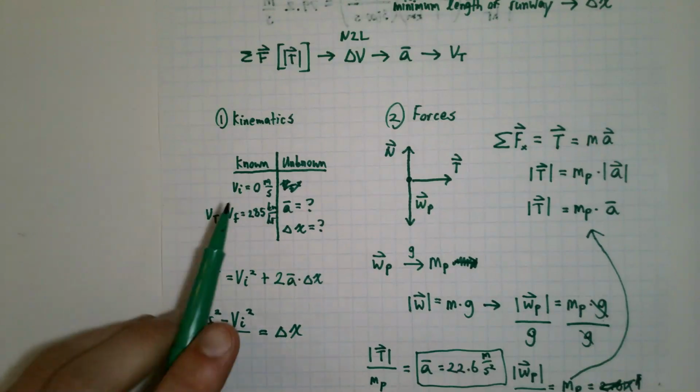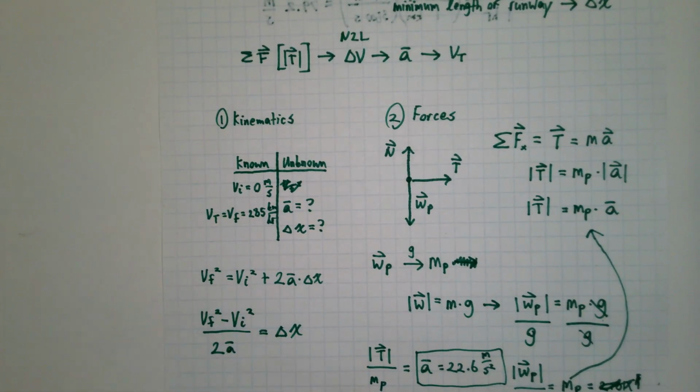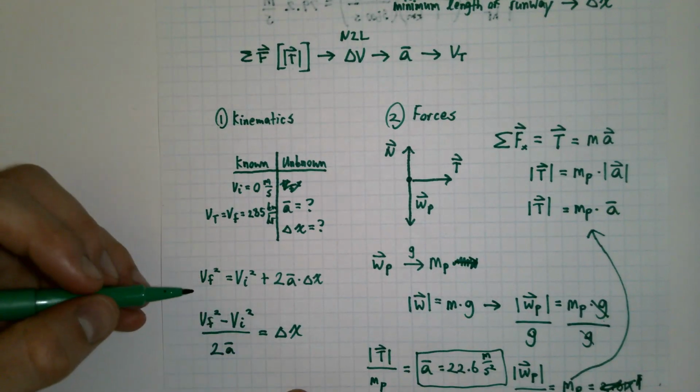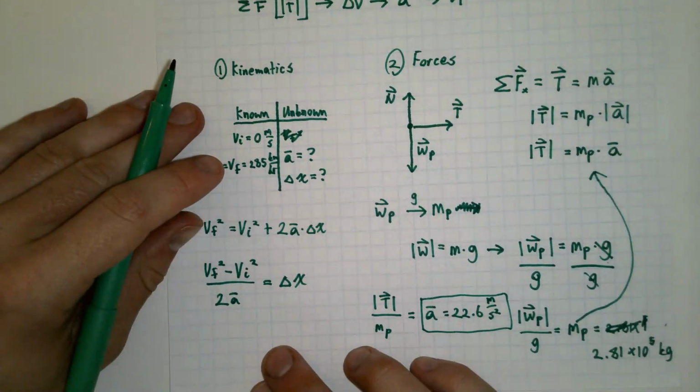Let's go back now. Instead of 285 kilometers per hour, we know now that is 79.2 meters per second. I can now input those quantities into our equation here.